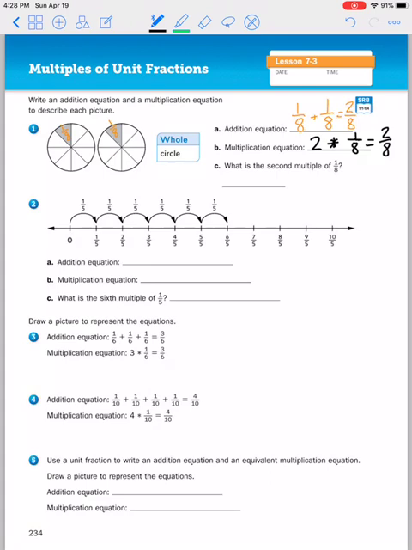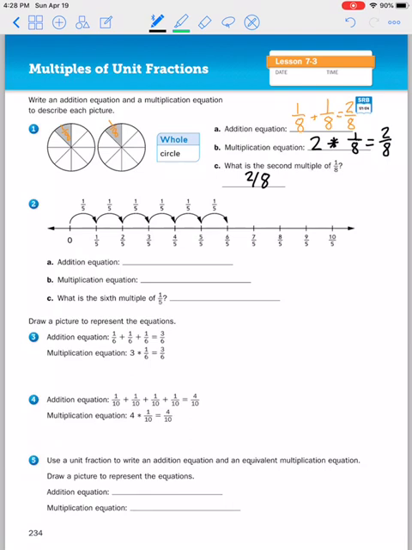Remember, a multiple is a product of a number times that unit fraction. So the first multiple of 1/8 would be 1/8, 1 times 1/8. And then what is the second multiple of 1/8? Well, it's 2/8, because 2 times 1/8 is 2/8.